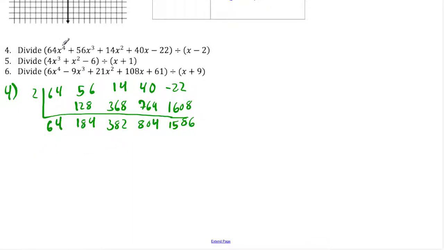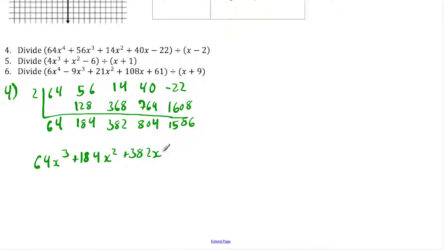Well, if we started out with an x to the fourth, we're going to have 64x to the third plus 184x squared plus 382x. I'm missing something here: x to the fourth, x to the third, x squared, x.